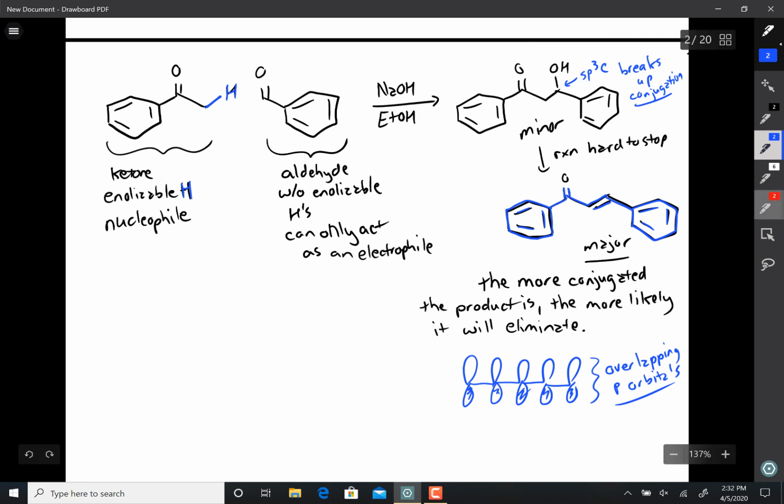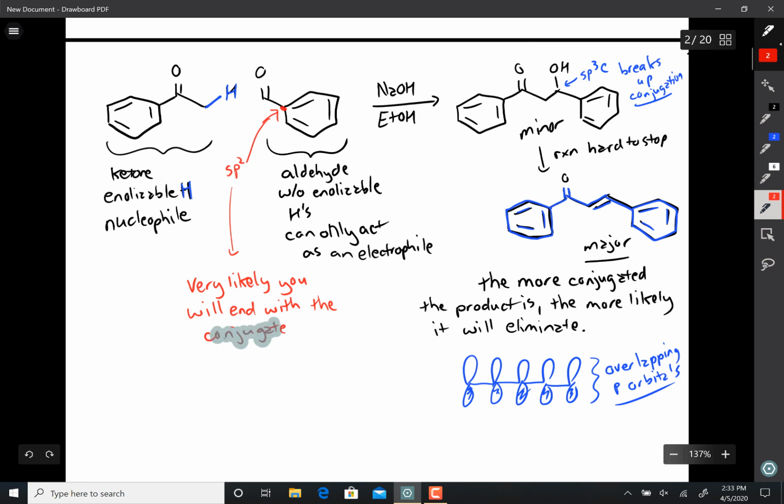So, if the carbon attached to your electrophile is sp2, very likely you will end up with the condensation product.